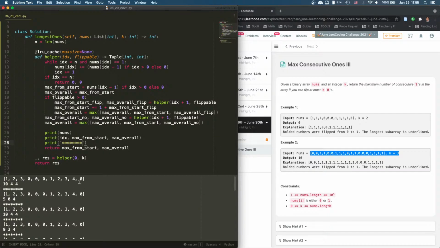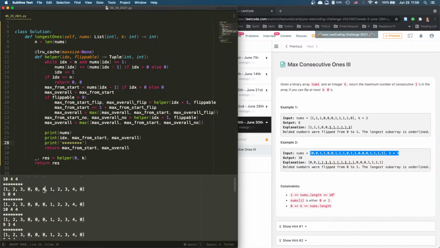So we are looking at index 10, and we say maximum start is 4, maximum overall. That's correct. Now the next index is 0, 1, 2, 3, 4, 5. Is 5 this one, right? And we say maximum start is 0, and max overall is 4.